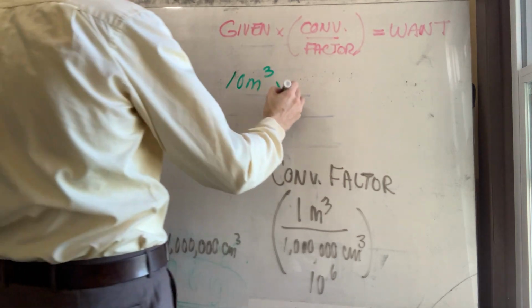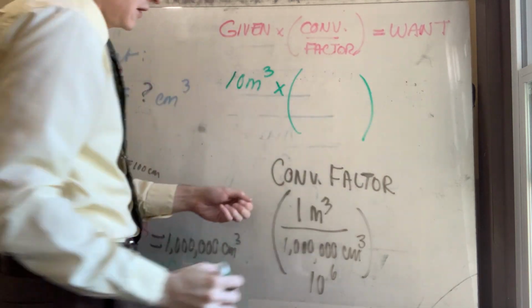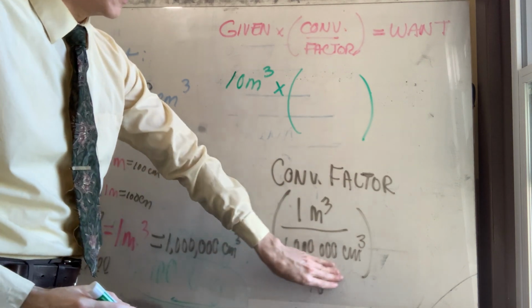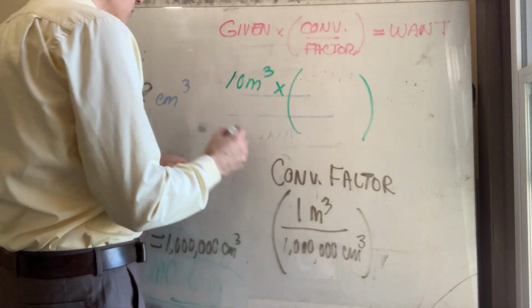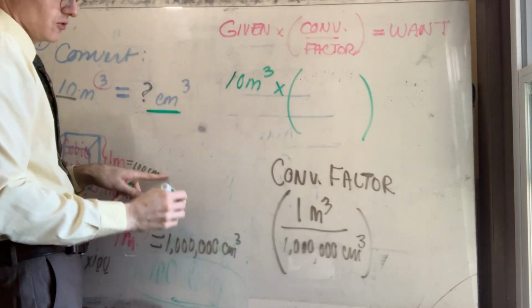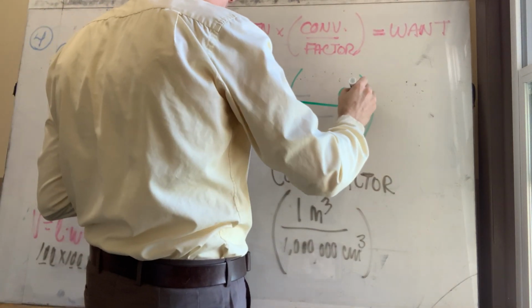Okay. And our conversion factor is this. 1 meter cubed is 1,000,000 cubic centimeters, which, if we want to end up with cubic centimeters, we have to put above the line.